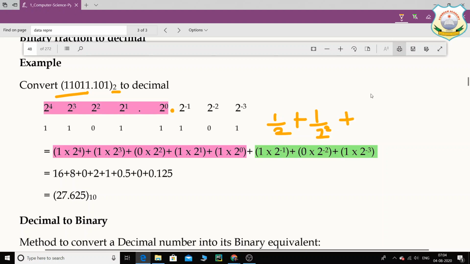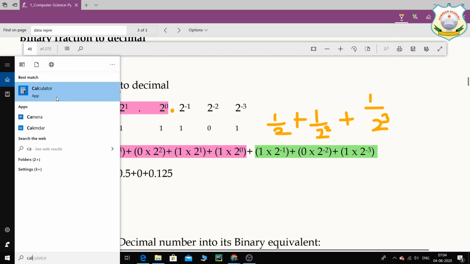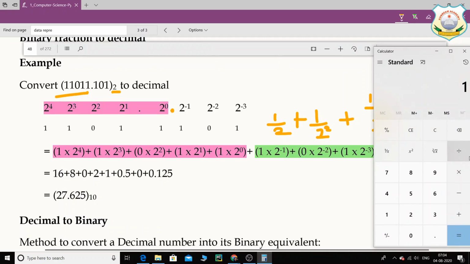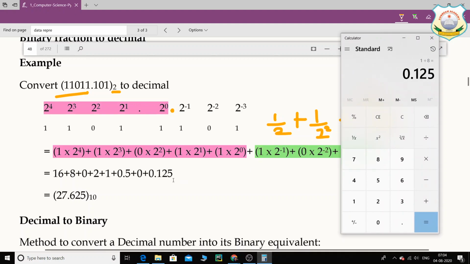Plus 1 by 2 raised to 3, so this is 1 by 8, right? For the people who are not understanding this, I'll just show you by the calculator. If I divide 1 by 8, what is the answer? That is 0.125, and that's the same number, isn't it?